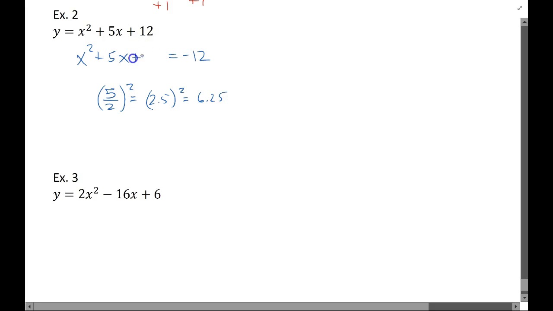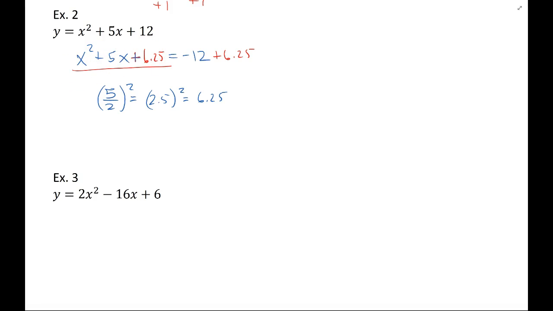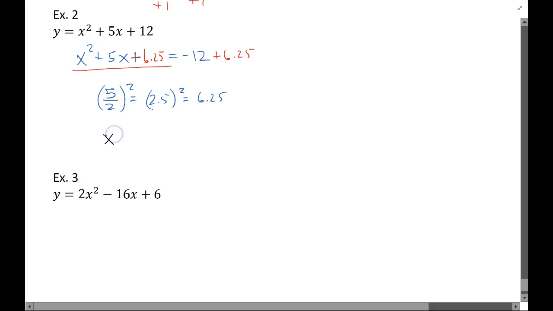So plus, we'll do it in a different color, plus 6.25 on the left, so plus 6.25 on the right. And so we can go ahead and factor this using our shortcut. So x from the x squared, and then half of 5 is 2.5, so plus 2.5 squared.